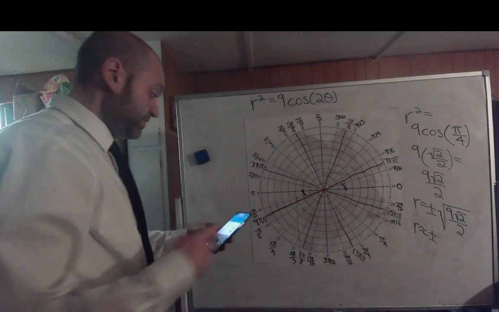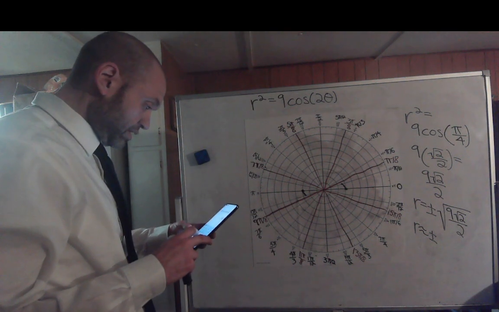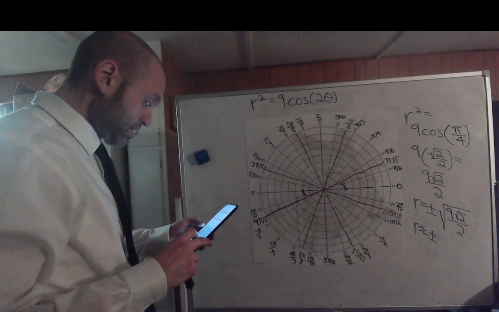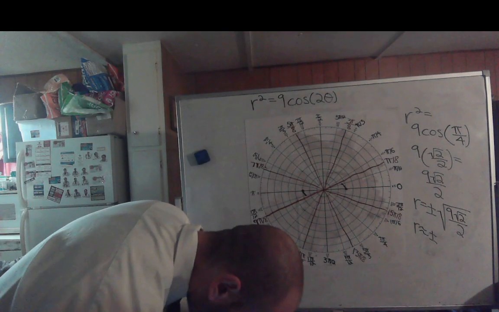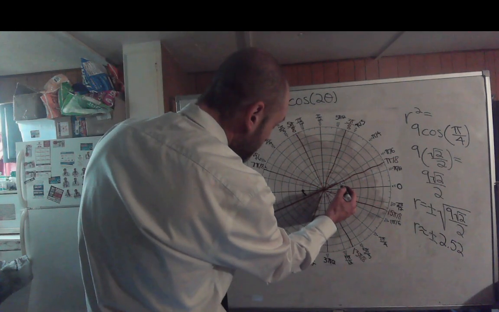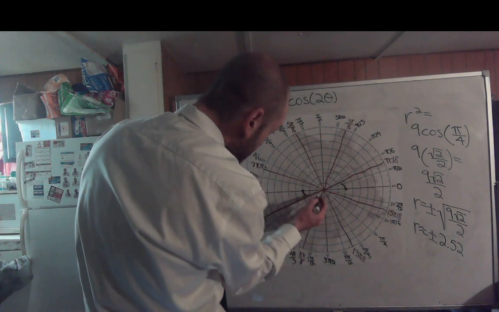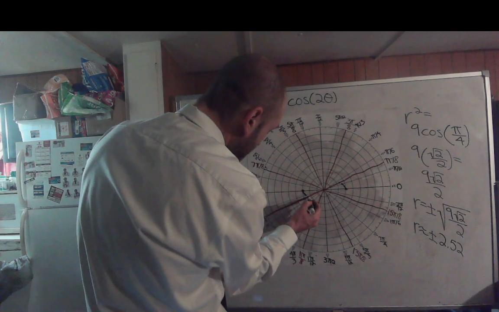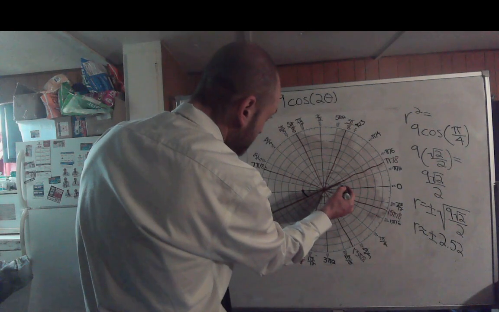So yeah, we actually have a square root inside of a square root. You get about positive and negative 2.52 for that pi over 8, which would be about right there. You do negative, you'll actually be at 9 pi over 8, so let's continue connecting.